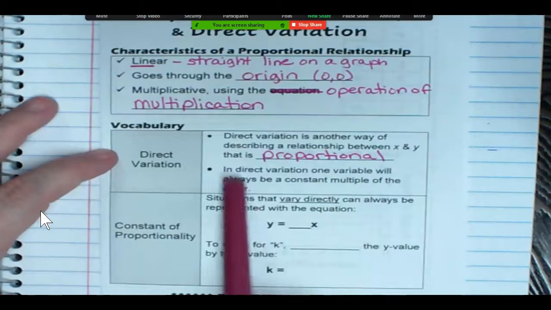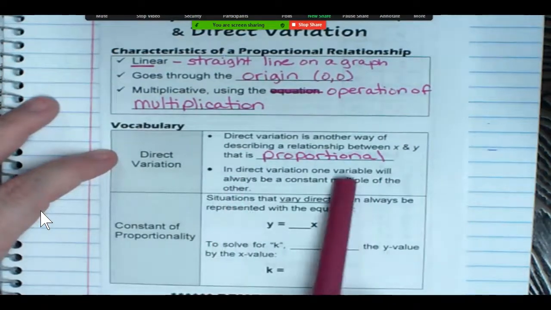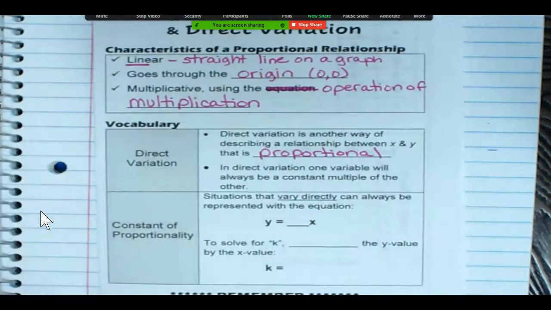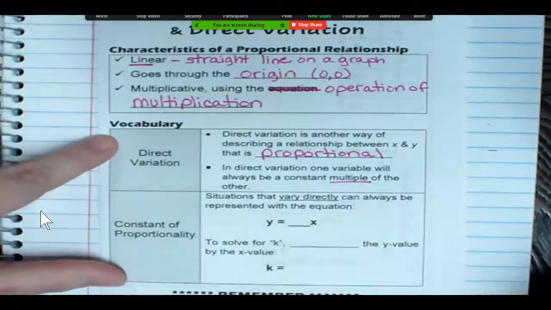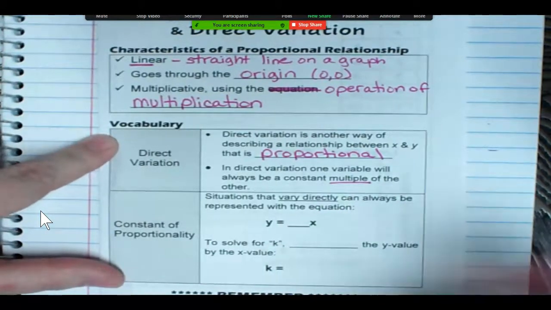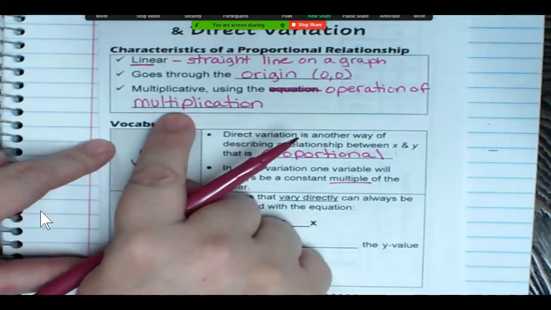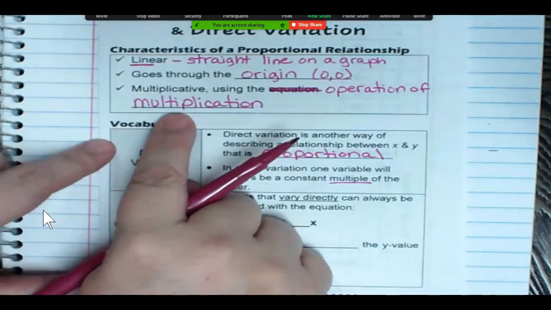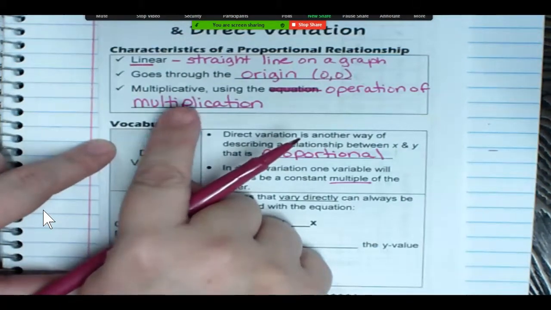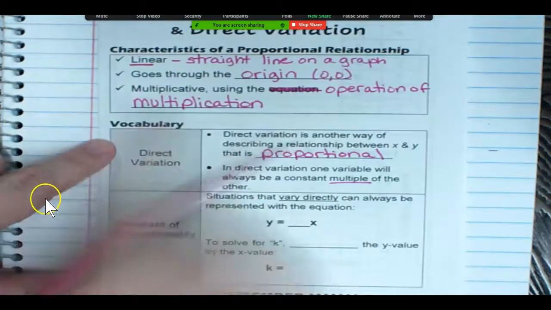Also, in a direct variation, one variable will always be a constant multiple of the other. And that's just another way to say we're using multiplication. 2 times x, 3 times x, 4 times x. That x value, whatever you did to it, you have to multiply it to get the y.